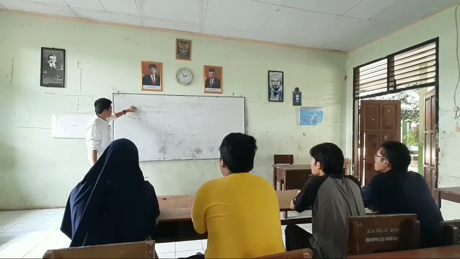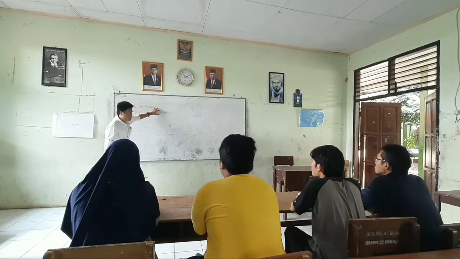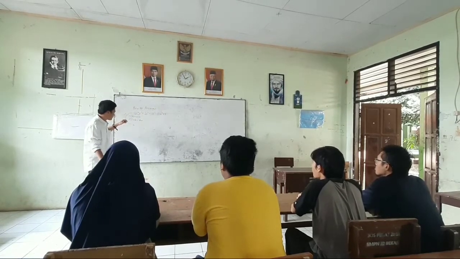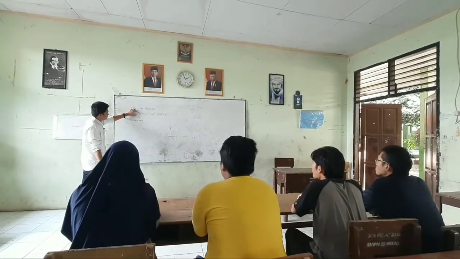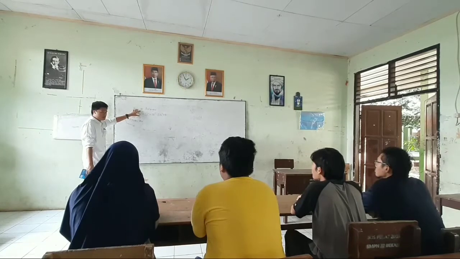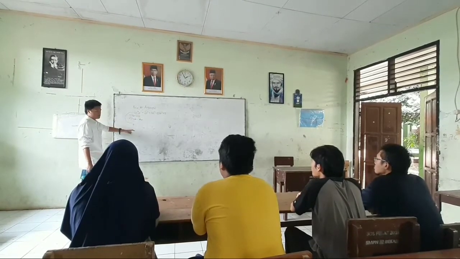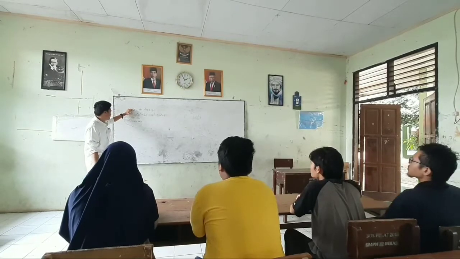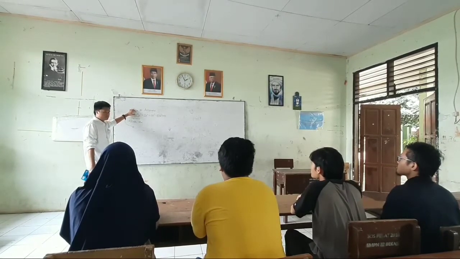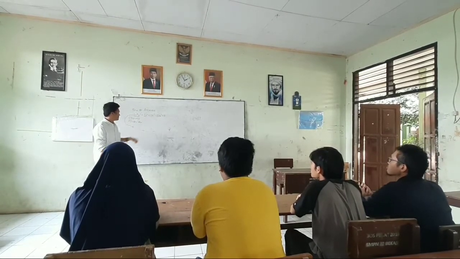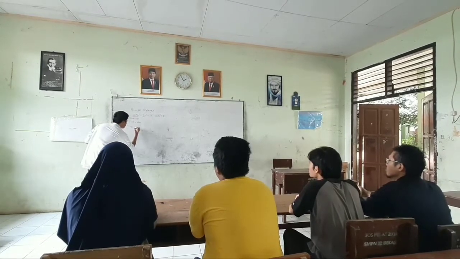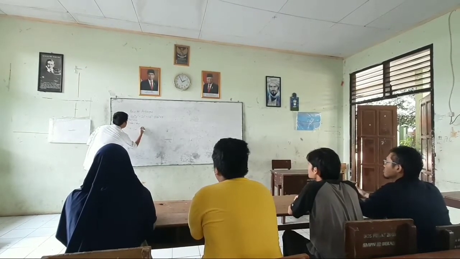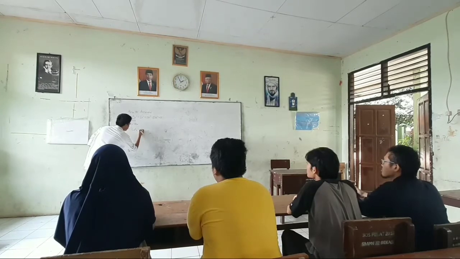We have A cubed, A squared, and only A. We have to put minus 3A cubed B squared first, because it has variable A and it contains a higher index value than the others.